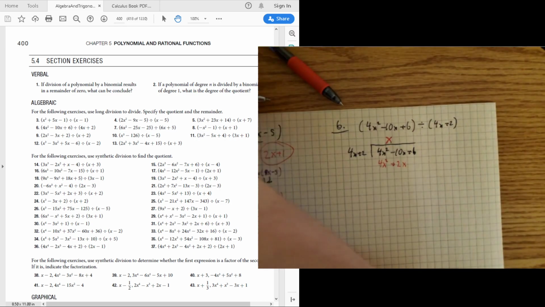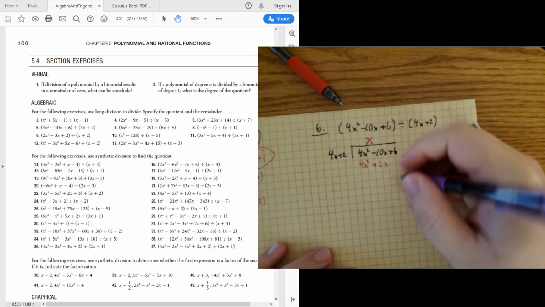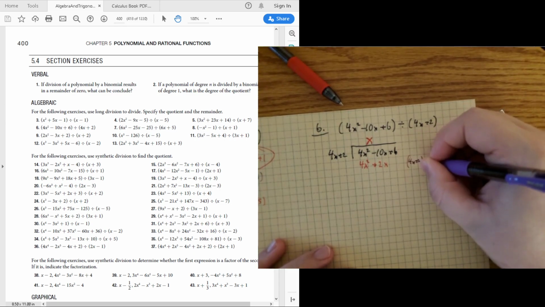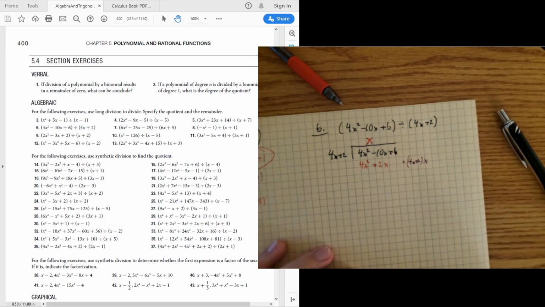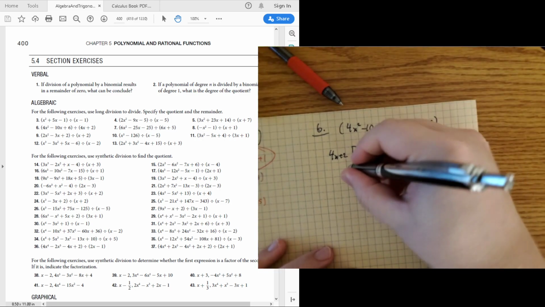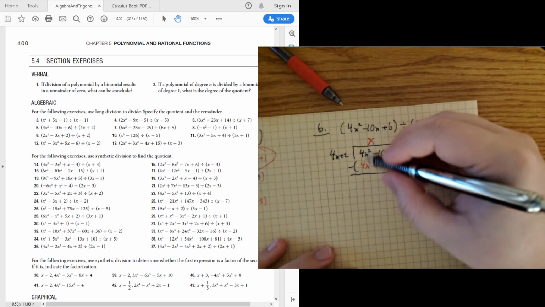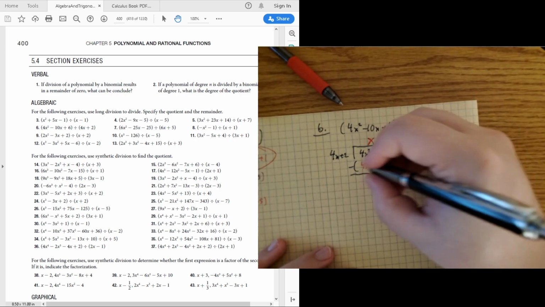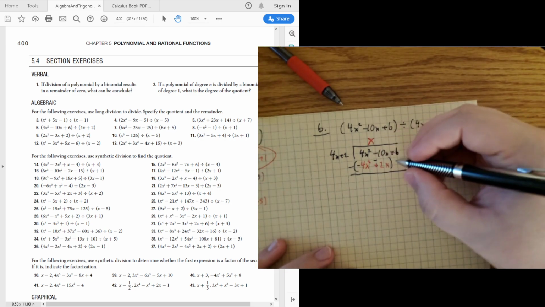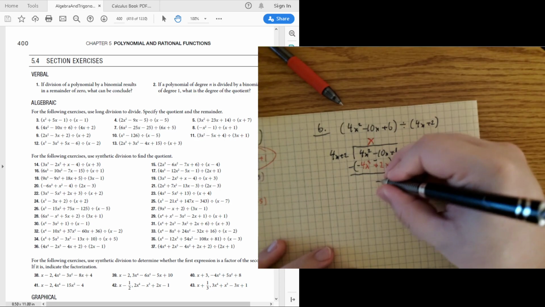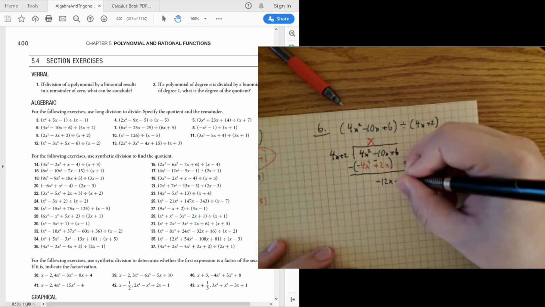So again, we took 4x plus 2 times x to get this line. Now we subtract, just like we did with the numbers. 4x and 4x, when subtracted, go away. So it becomes negative 4x, this becomes negative 2, which is perfect. So this becomes negative 12x plus 6.